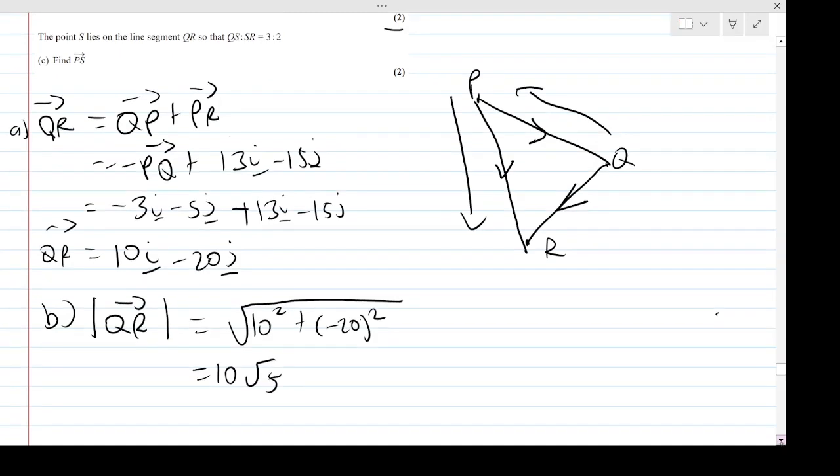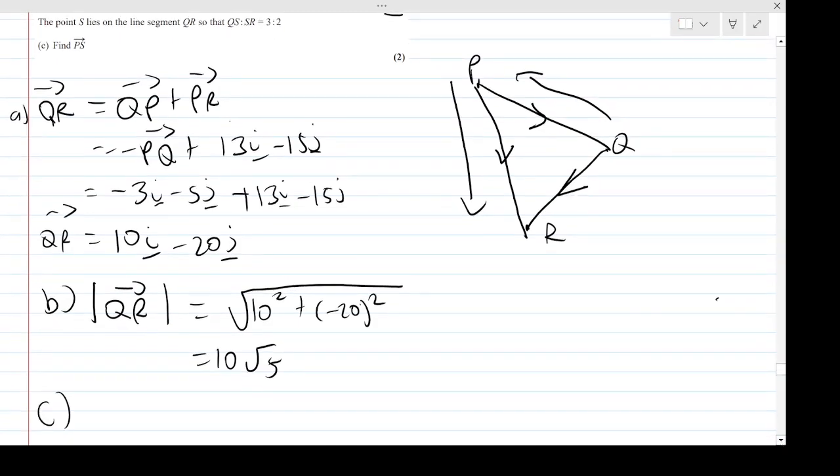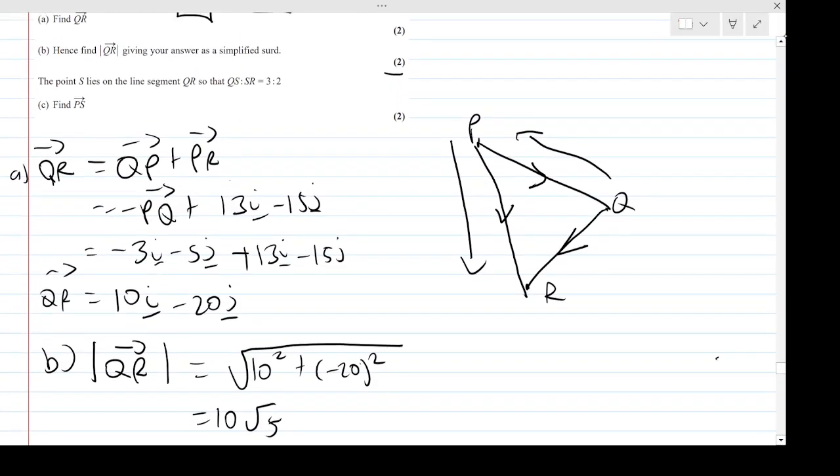Okay, in this case. Right, part C. Now I'm told the point S lies on the line segment QR such that QS to SR is 3 to 2. So now we're adding a point S on the line QR, on this line here. So Q to S is 3 parts, and the remaining part is 2.